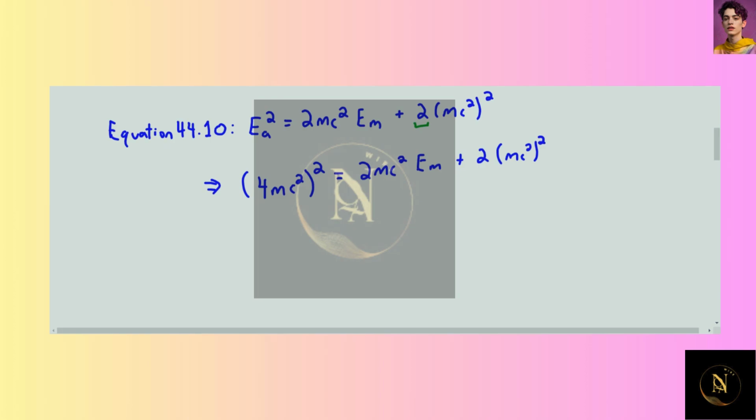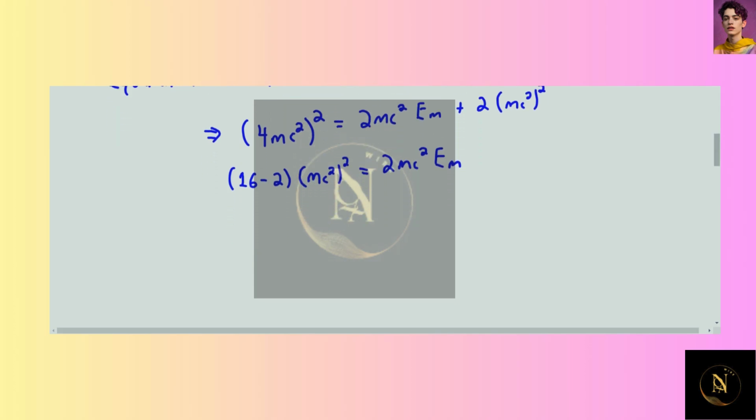So this is 16 and this is 2. So we got 14 divided by 2, mc squared divided by mc squared equals E_m. So E_m equals 7 mc squared.